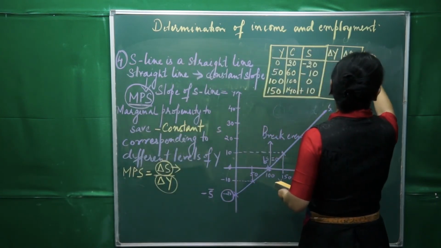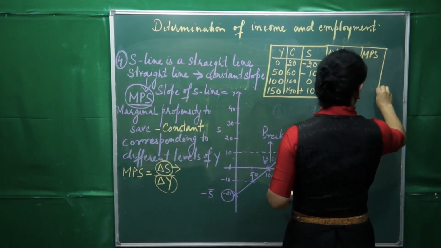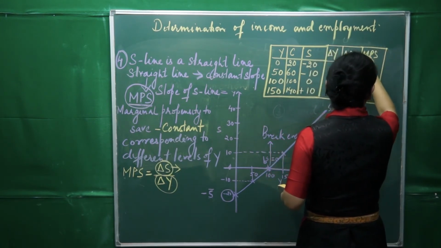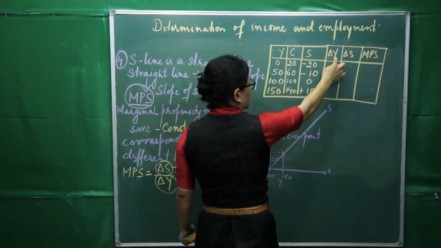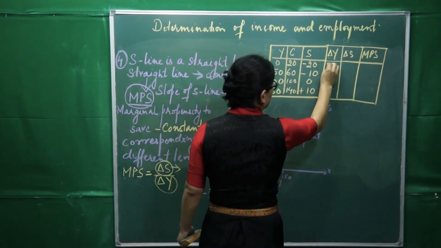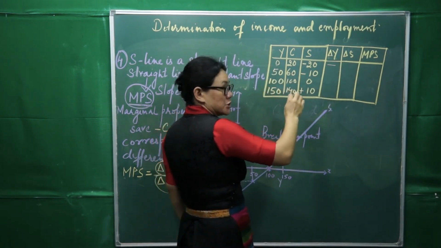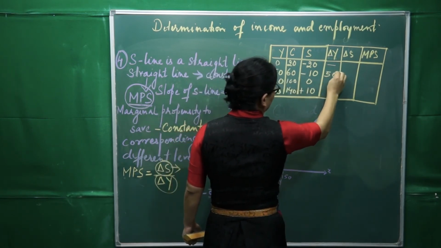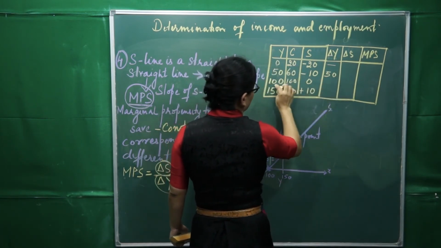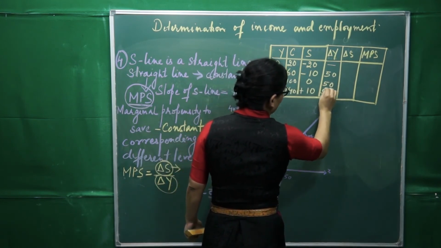This will give us MPS. So I said again, MPS has to be constant. Now it's very easy. Change in income we have to see. Initially we can't find a change, the next one is 50 minus 0, then 100 minus 50. Again 50 here, here also 50.